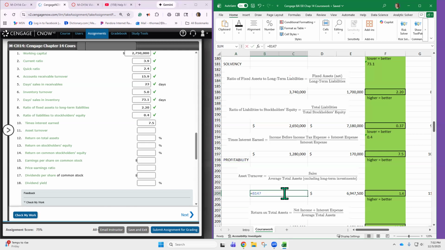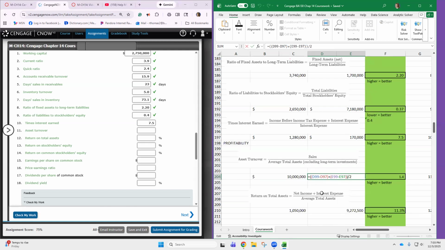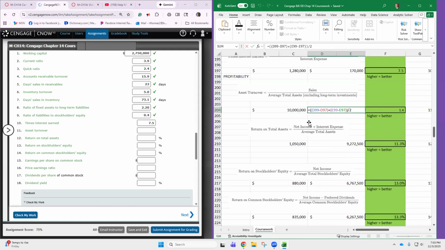So we've got our sales of 10 million. That's no problem. But now here's what we've got to do. We've got to go up here and get total assets and subtract long-term investments from each year. So I've got them in parentheses. This is year two's total assets minus year two's long-term investments.